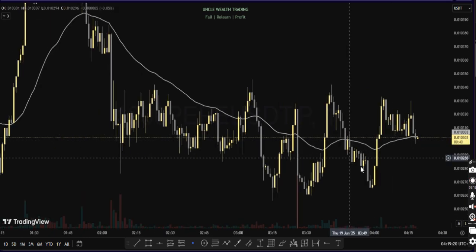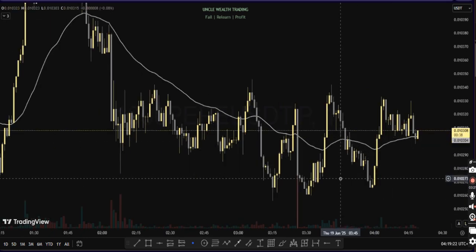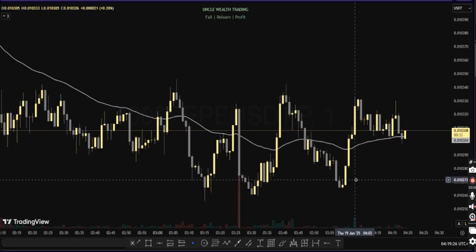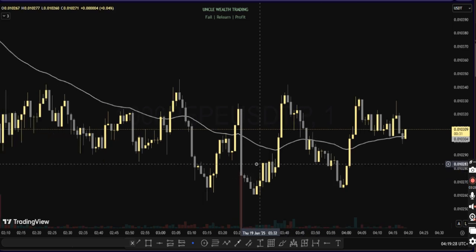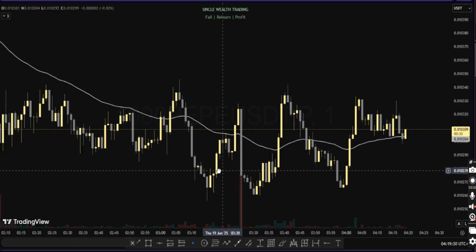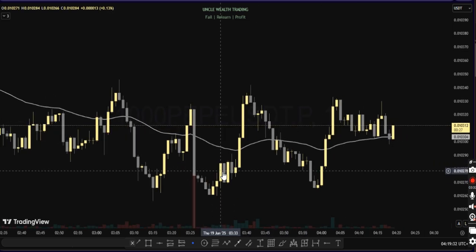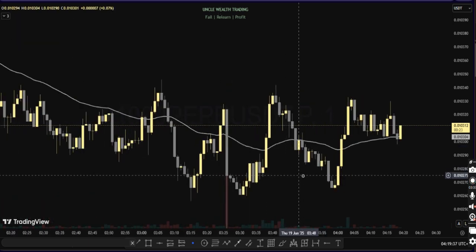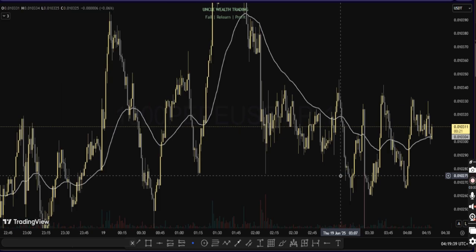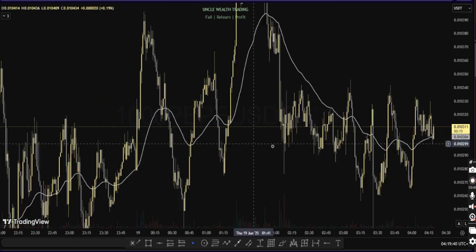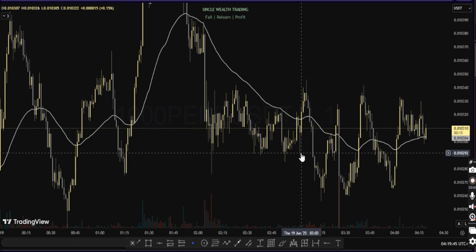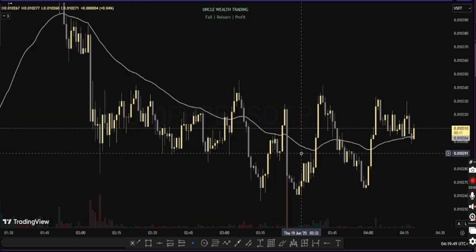So on my chart here, the EMA 50 is the gray line you are seeing here. And I use the yellow bars for my bullish candles and the gray bars for my bearish candles. So now you understand that the EMA 50 is plotted based on the average of the last 50 candles.